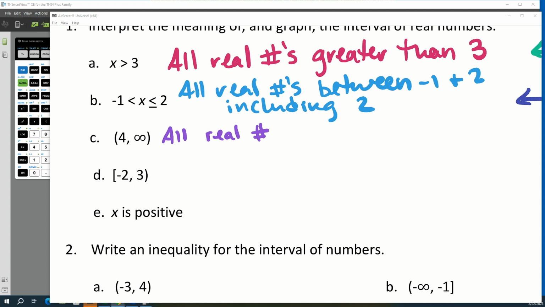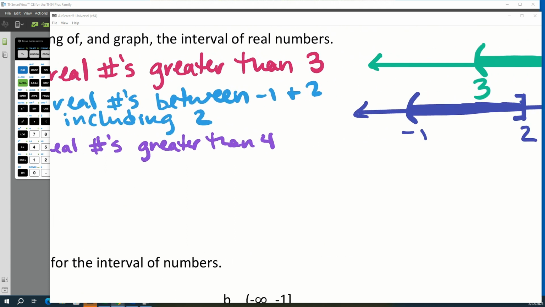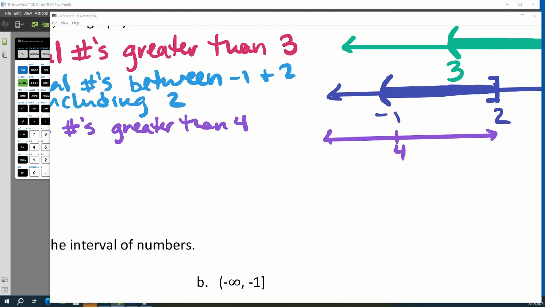Greater than 4. Infinity is greater than 4. So all real numbers greater than 4. I probably should have made this one a little different than A, but that's okay. So we'll go to our number line. 4. We are not including 4, so we do a parenthesis and then shade to the right because we're greater than.